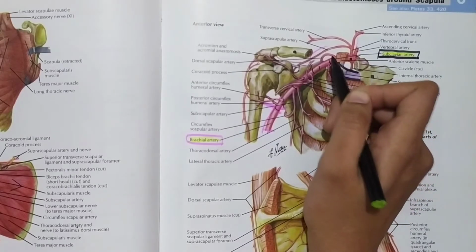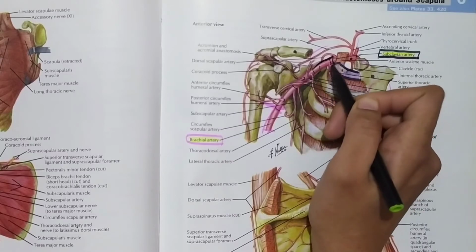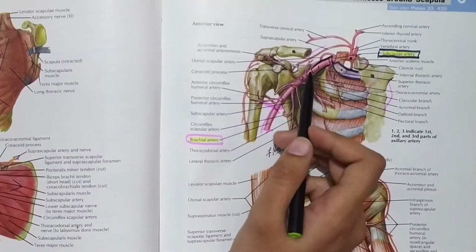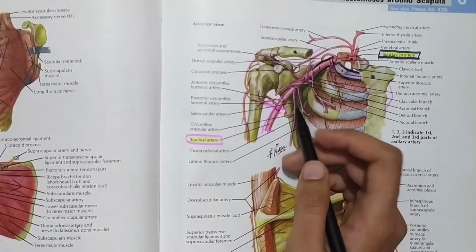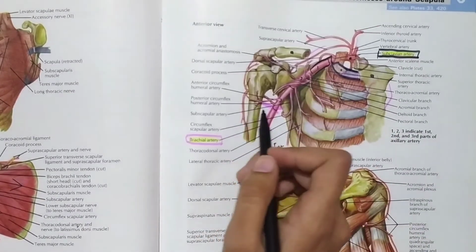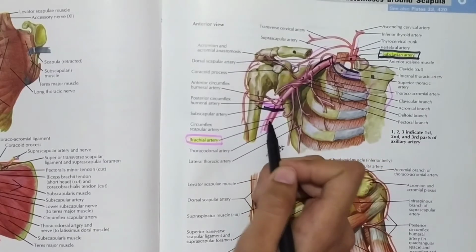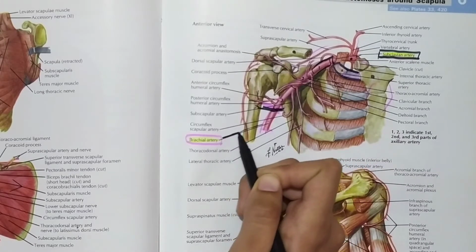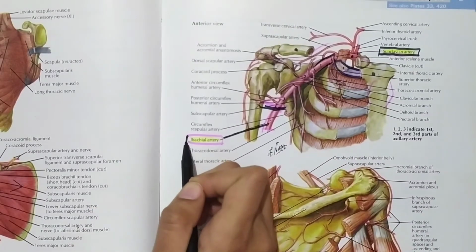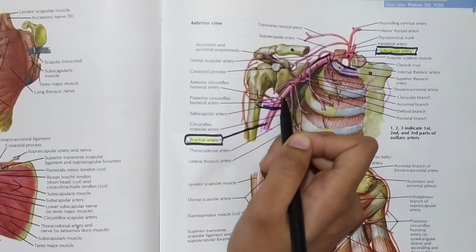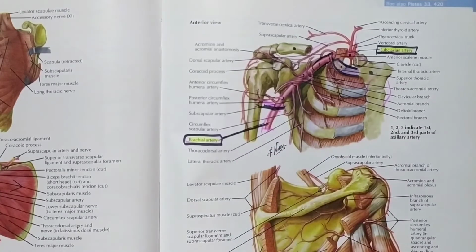So from here the axillary artery starts, and it has 3 parts. So this is the axillary artery. Now from the lower border of teres major muscle, from here the brachial artery starts. So this is the brachial artery, and these are all the branches of these arteries.